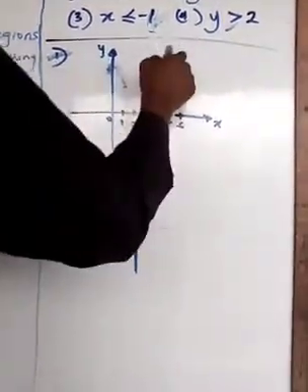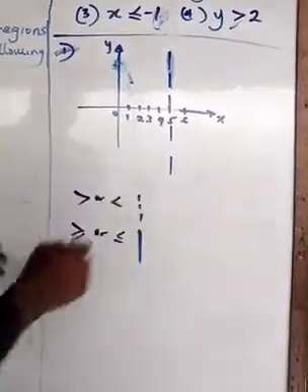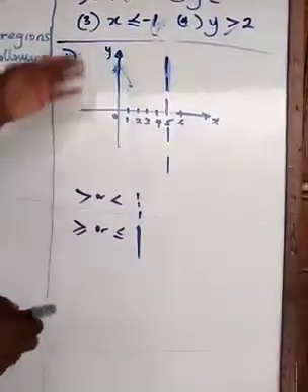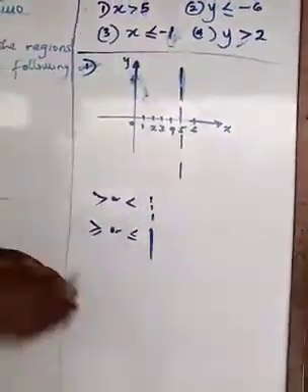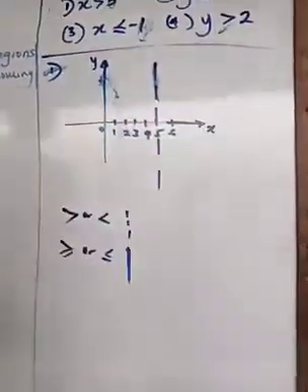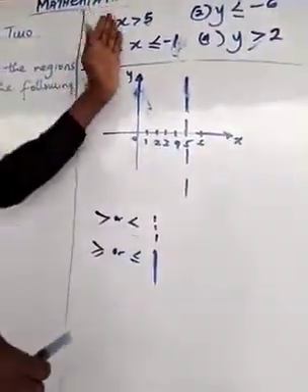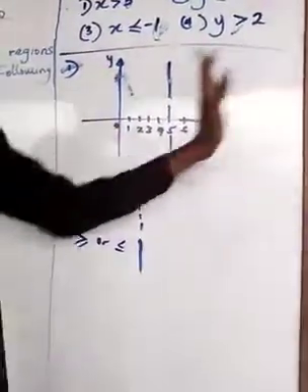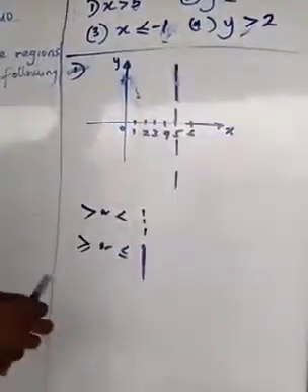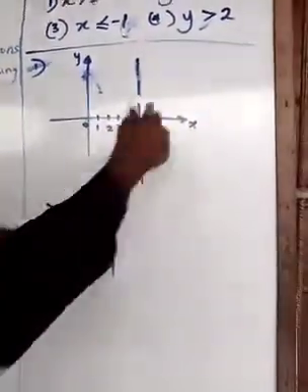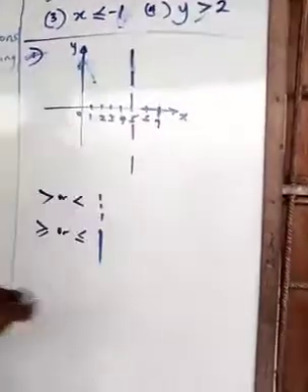This is 5, so x is 5. You draw a dotted line passing through it. Then you see it is greater than 5. So that means we are interested in all the values of x greater than 5. So x can be 6, x can be 7, x can be 8, and so on and so forth.